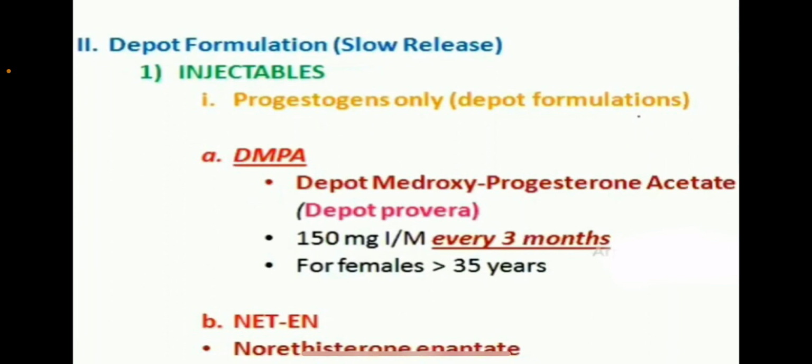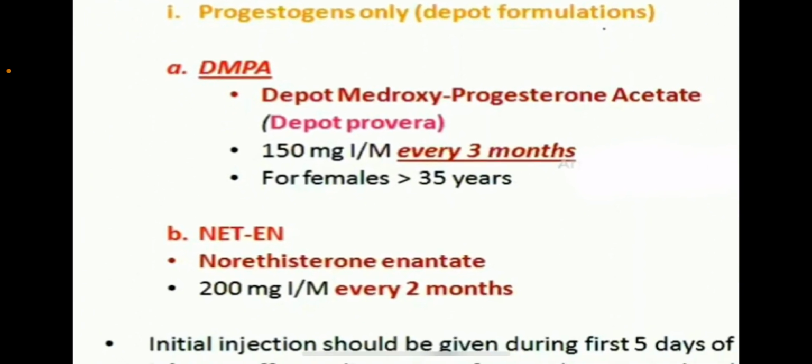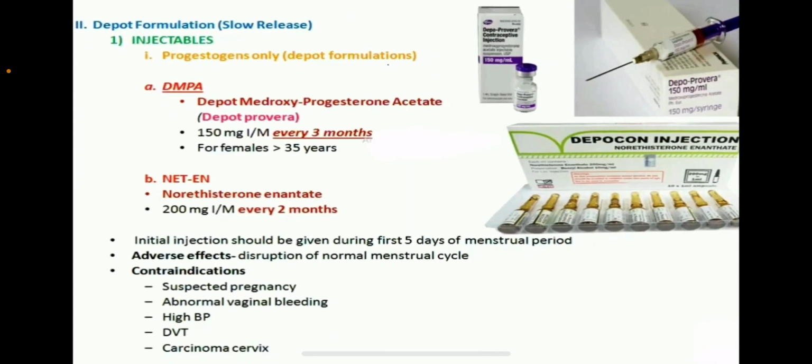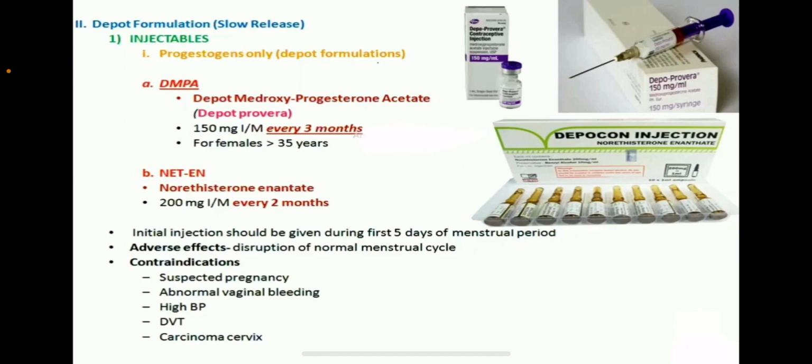They are estrogen free. The woman need not stress about taking the OCP every day. In case she forgets it, she need not be so stressed about conceiving. So the depot formulations are slow releasing hormones in the body, in the form of injections. The injectables could be progestogen only depot formulations, and under that we have DMPA and NET-EN.